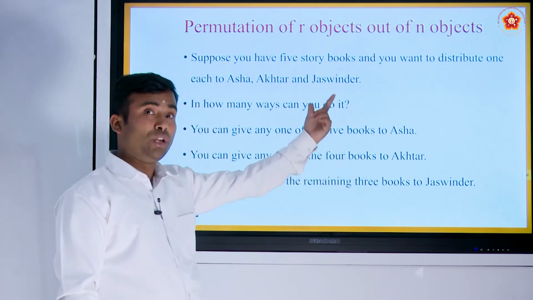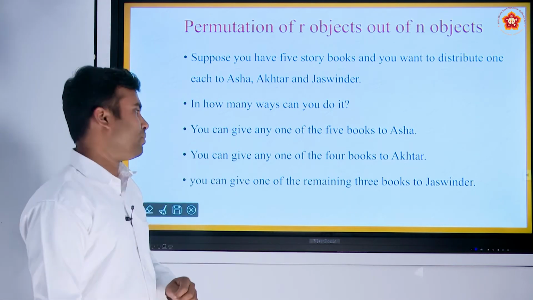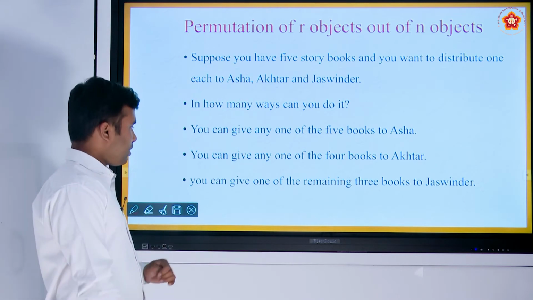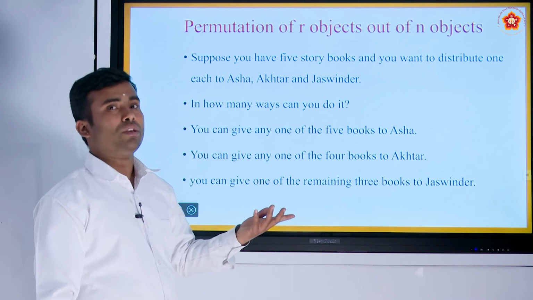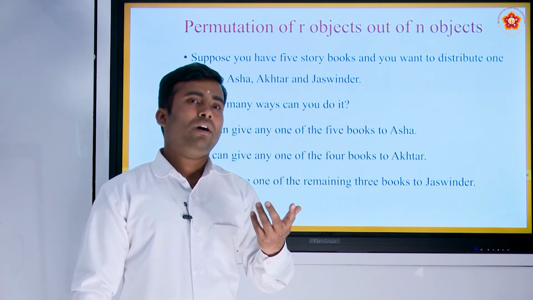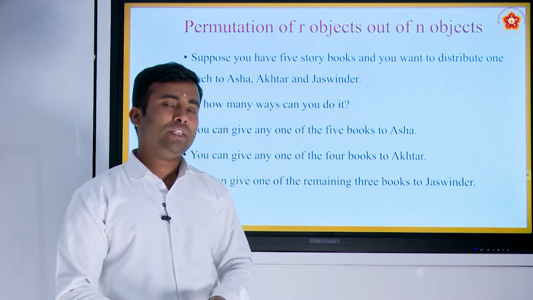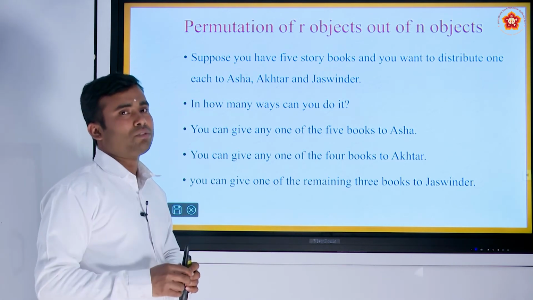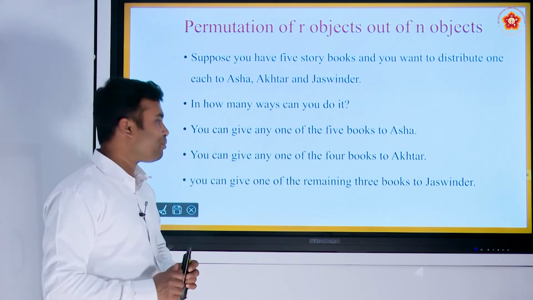We can give only one book to Akhtar out of 4 books, so there will be 4 choices for him. How many ways can you choose a book for Jaswinder? You can choose in only 3 ways because only 3 books are left.